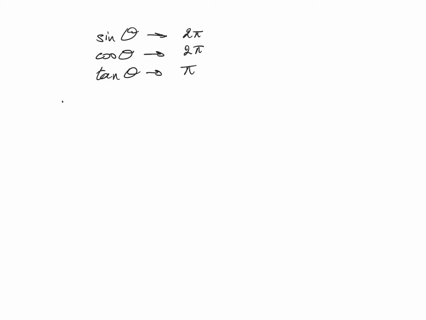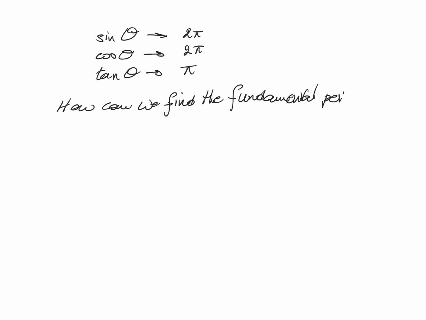So how can we find the fundamental period? Suppose that we have a more general form. So we do not have a tangent of x, but we have, for example, tangent of a times x plus b.